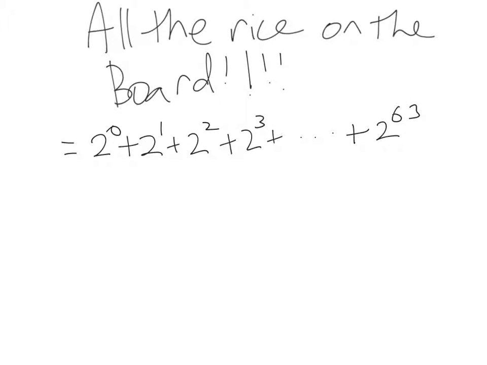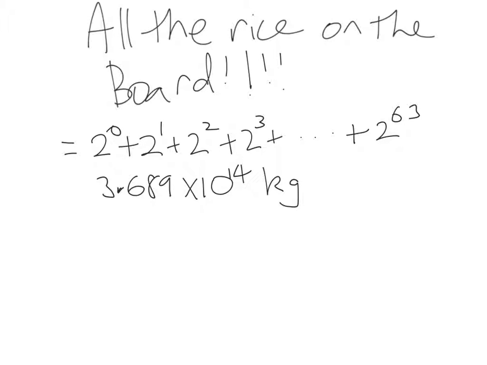When we work out how much rice that is in kilograms altogether, we get 3.689 by 10 to the 14 kilograms of rice. Roughly half of that is just on the last square, as is the nature of exponential growth.